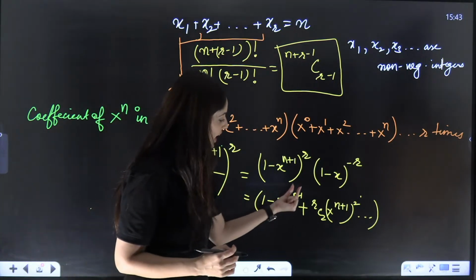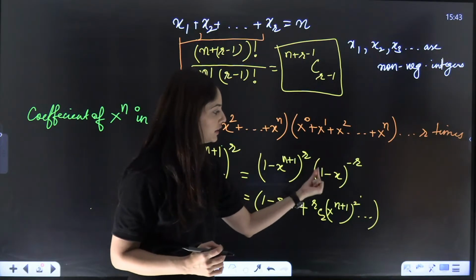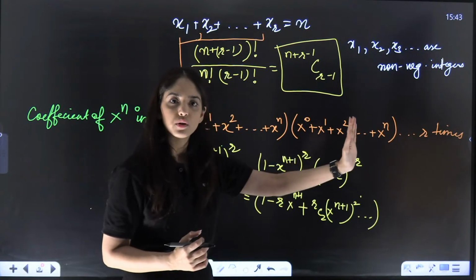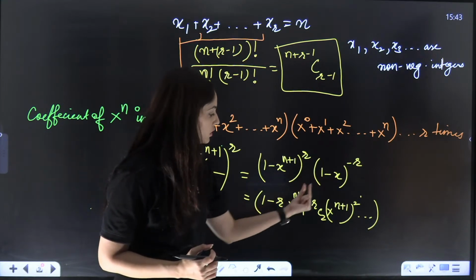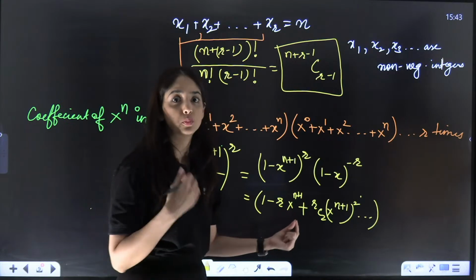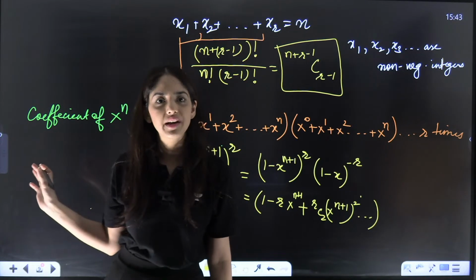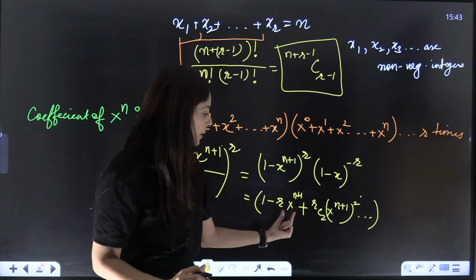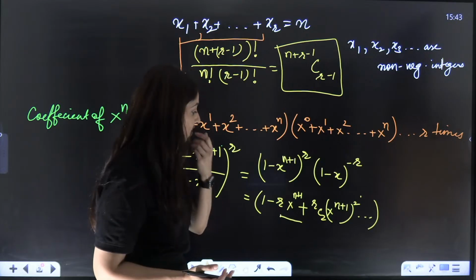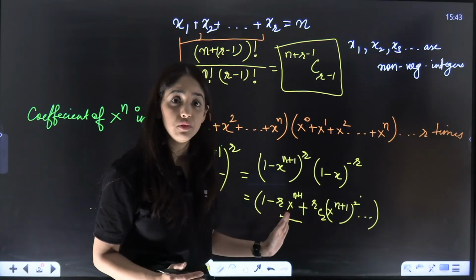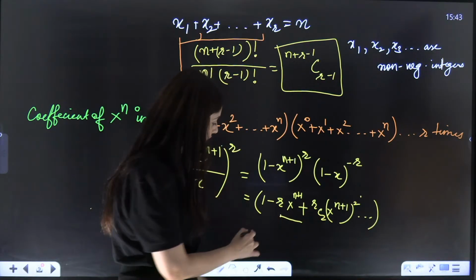If we multiply x raised to power n plus 1 with any terms here, we are only going to have 1, then x and higher powers of x, so we will get x raised to power n plus 1 or n plus 2, like higher powers. We need x raised to power n. It is impossible to form x raised to power n from these, that means we will ignore all of these. Why will we ignore? Because it's impossible to form x raised to power n from any of these terms, so we will only consider 1.